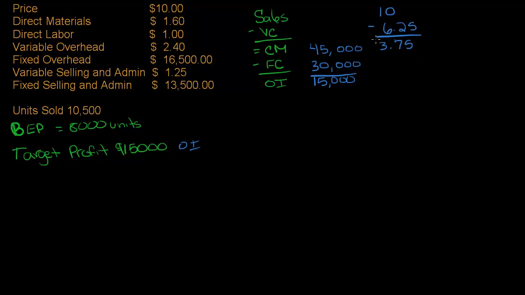Well, I take 45,000 divided by 3.75, because the relationship between these two numbers is the number of units. So I would need 12,000 units. Okay, 12,000 units is the number of units I would need to achieve my target income.